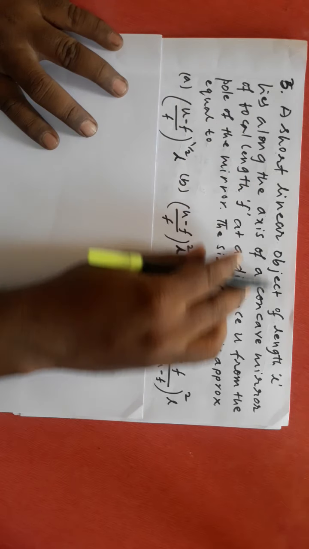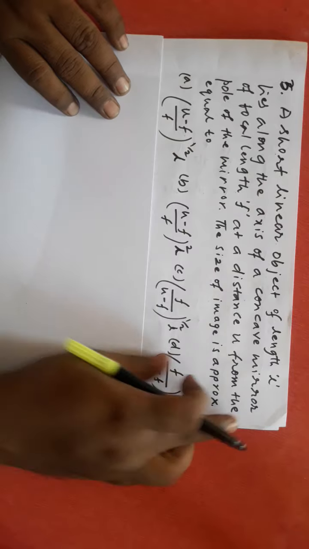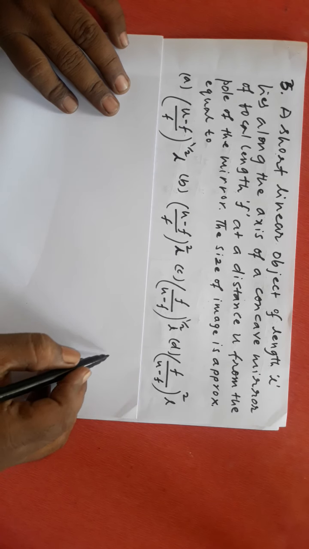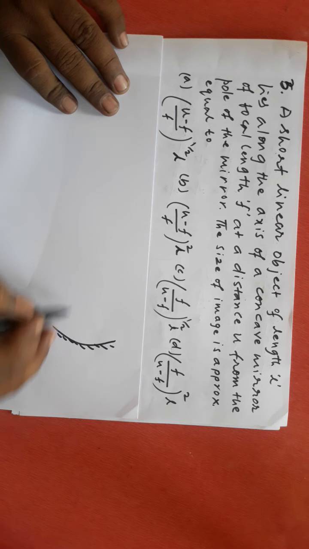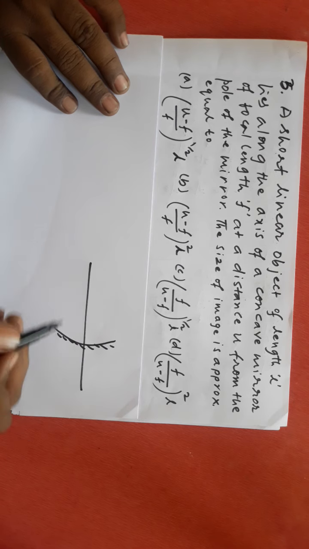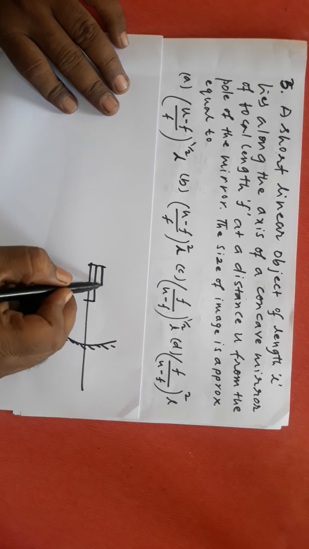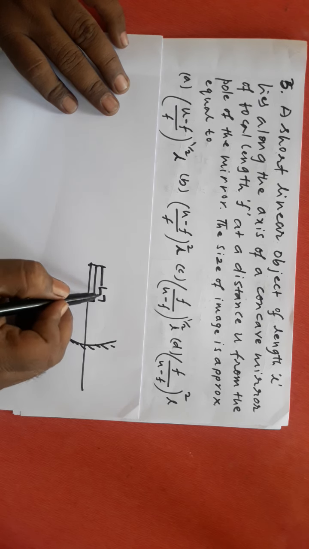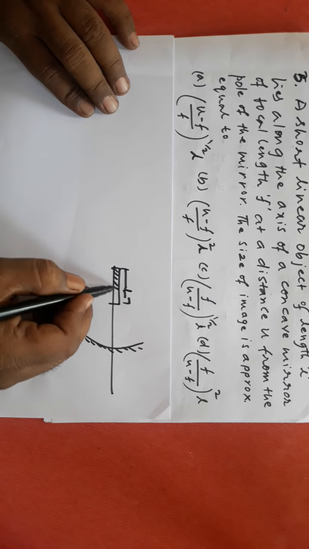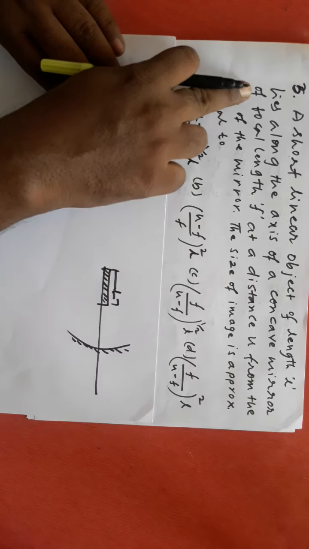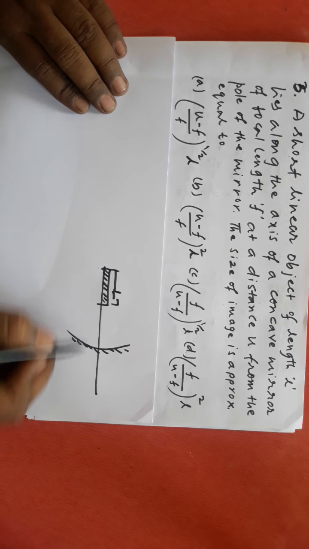A short linear object of length L lies along the principal axis of a concave mirror. This is the concave mirror. This is the object length, which is given as L, placed along the principal axis of the concave mirror of focal length f at a distance u.